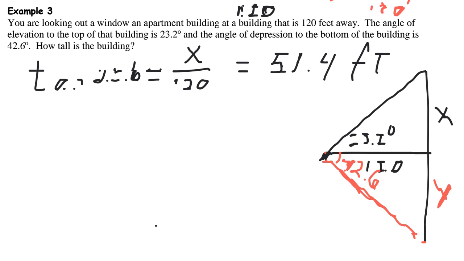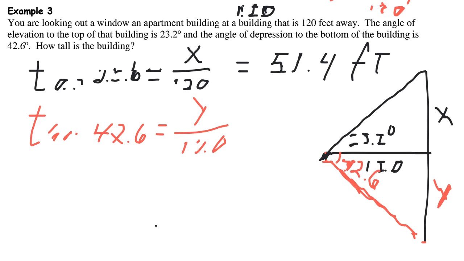Let's go find Y. Tangent of 42.6 equals Y over 120. 120 times tangent 42.6 is 110.3 feet.